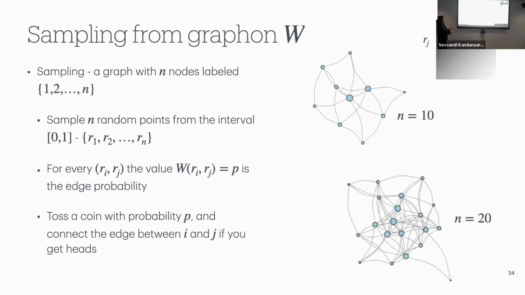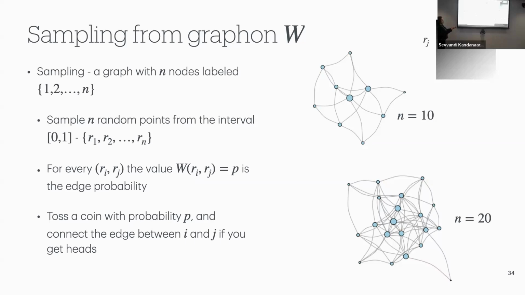Before going into mixtures, let me remind you, given this Graphon here, we have this Rij. The way we sample from a Graphon is we sample n random points, R1 to Rn, and for every Rij, we read this W(Rij), which is just underneath the picture there, and then you toss a coin with that probability and connect the nodes.